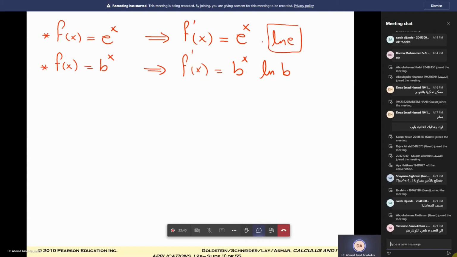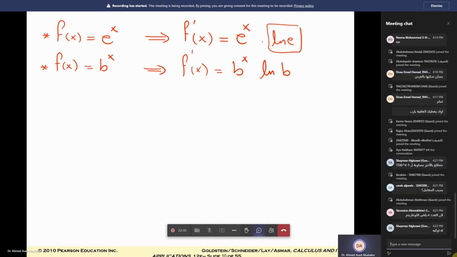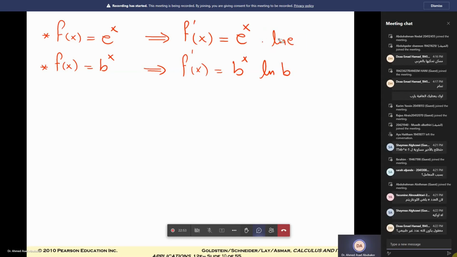Because ln e equals 1, we already multiply by ln e, but ln e equals 1, so multiplying by 1, we can remove it.